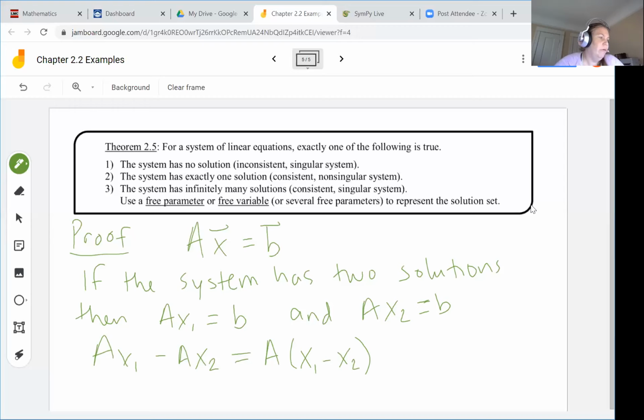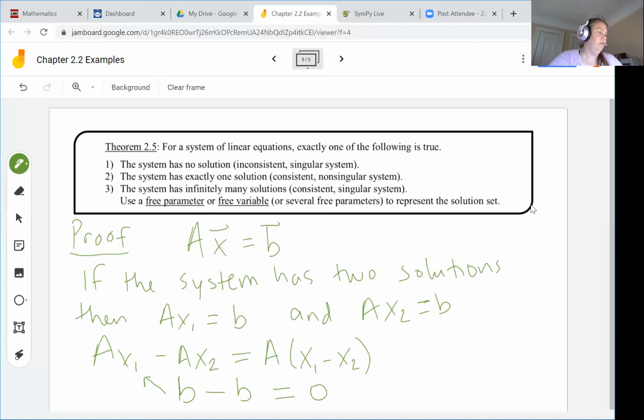So we know those are equal. And then we also know AX1 is B and AX2 is B. So this is also B minus B, which equals 0.